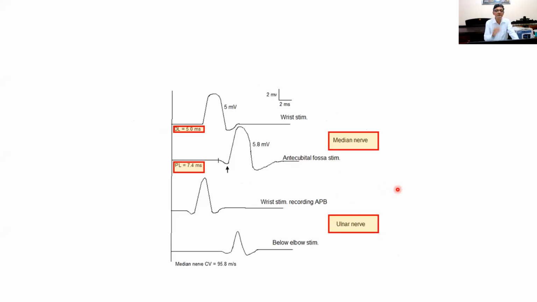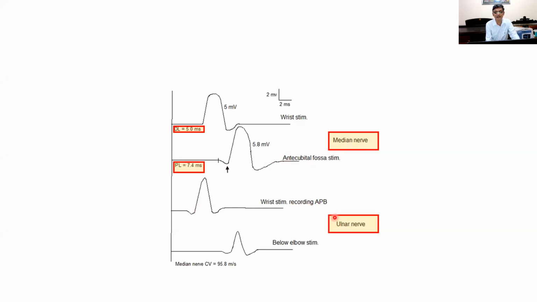Right, now here some numbers are being given. So this is stimulating at which place? Wrist. At the wrist, the distal latency is 5 milliseconds in this example. The proximal latency for the median nerve is 7.4 milliseconds when stimulating at the antecubital fossa, that is the elbow.